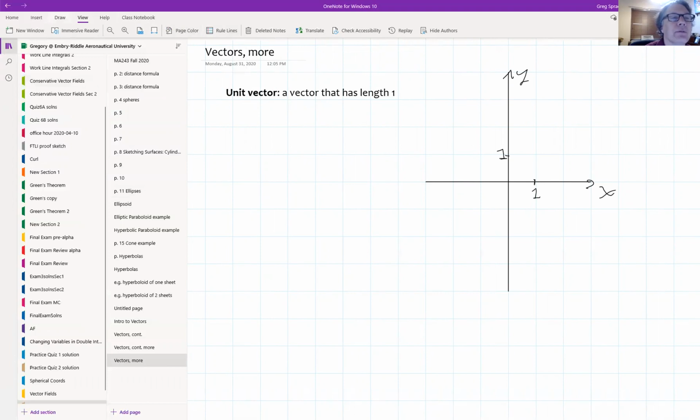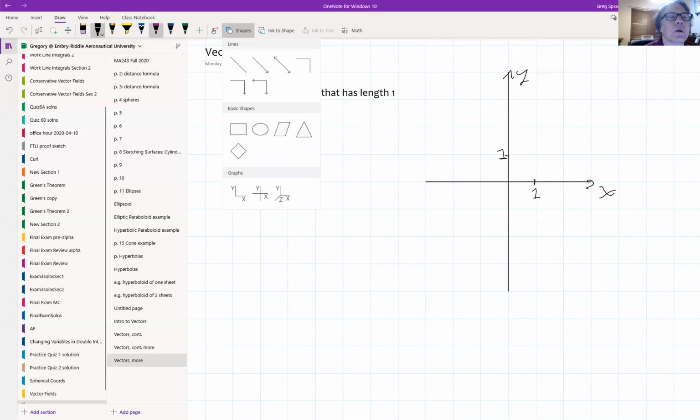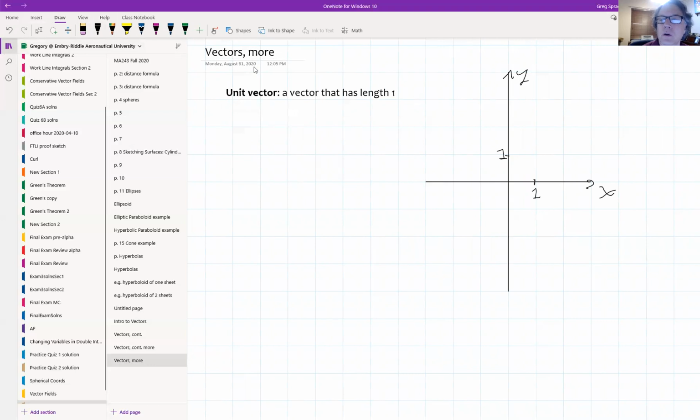So suppose we have a vector that's not a unit vector. Let me be really creative here and call it V. Say that's not a unit vector.